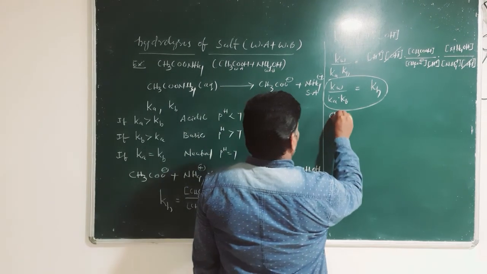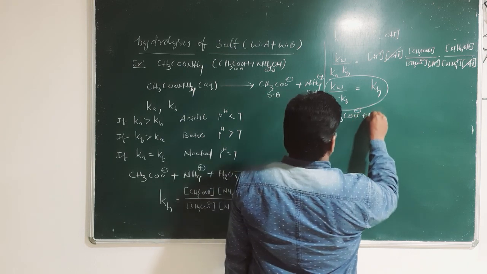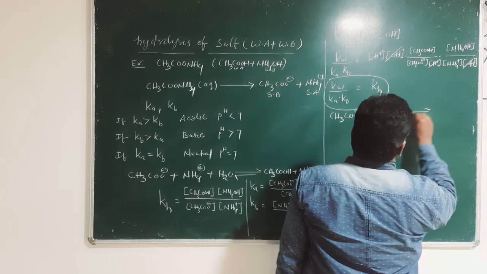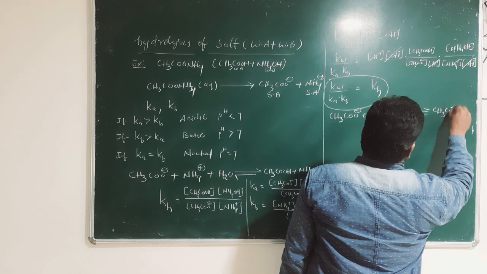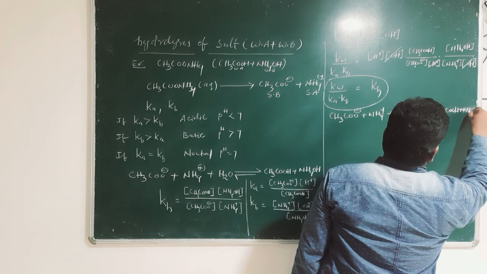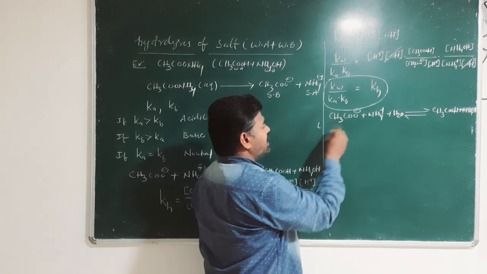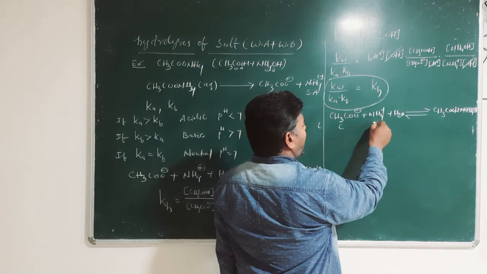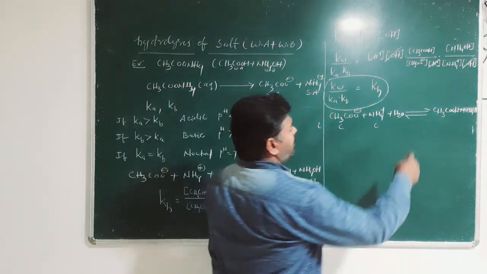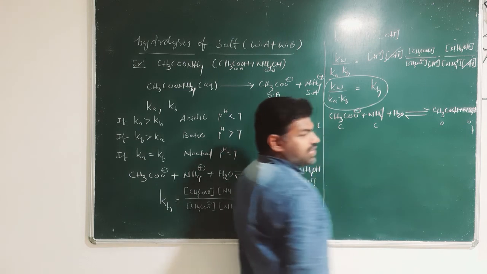Now let us calculate the equilibrium concentration. CH3COO minus plus NH4 plus plus H2O gives rise to CH3COOH plus NH4OH. Initial concentration of the acetate ion is C, and NH4 plus ion concentration is C. Before the equilibrium is attained, acetic acid concentration is 0 and ammonium hydroxide concentration is 0.